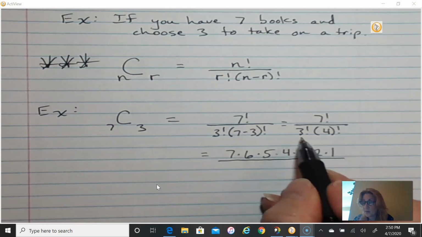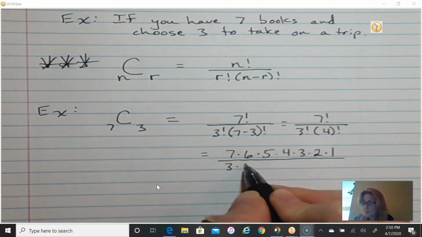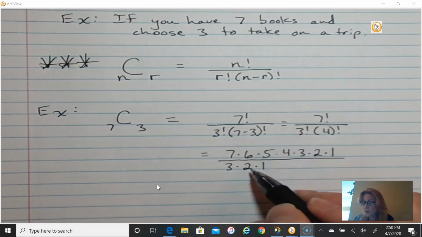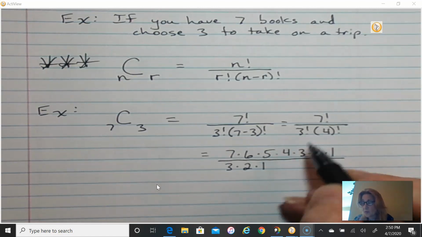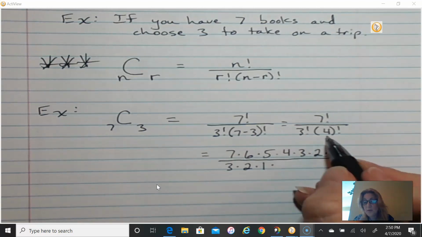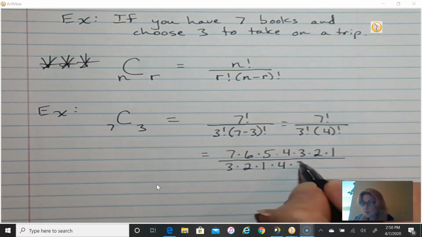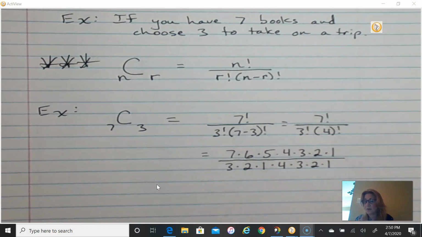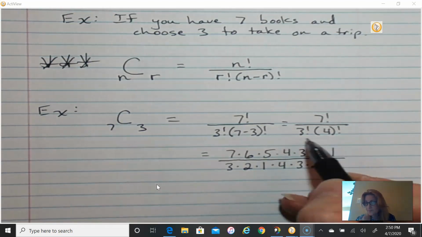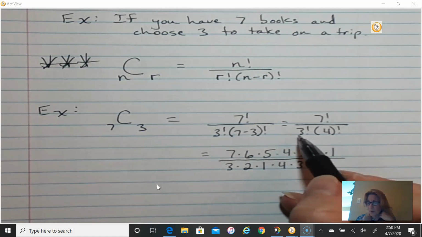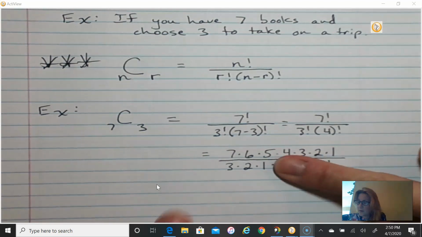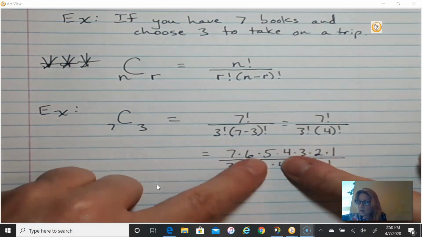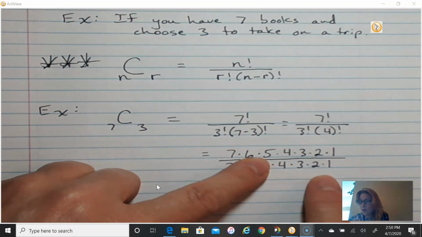Now I'm going to do the bottom. First with the 3. That's 3 factorial. Now, and remember they're being multiplied, 4 factorial. 4 times 3 times 2 times 1. If you want to, rewind that part. So here, the difference is you have 3 factorial times 4 factorial.